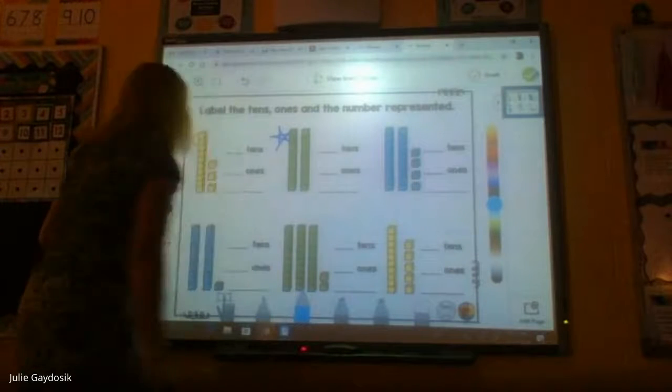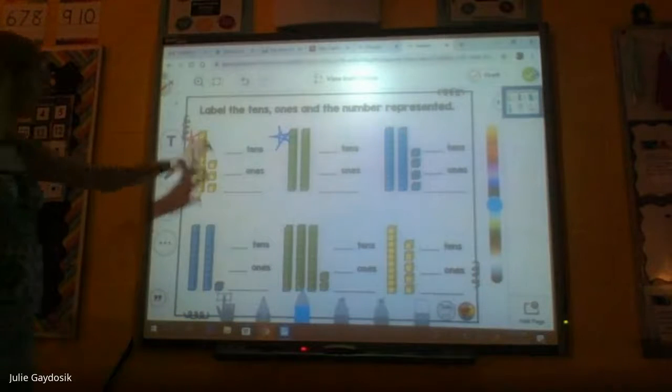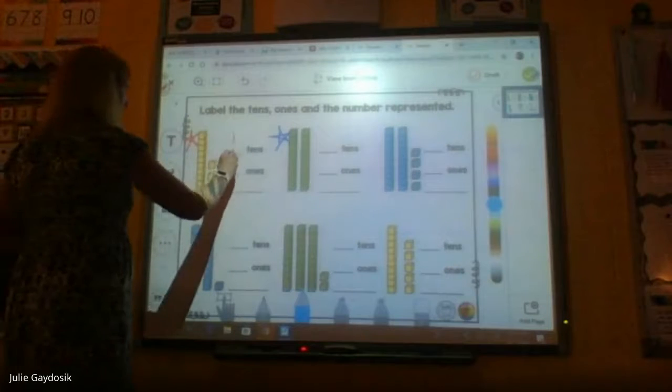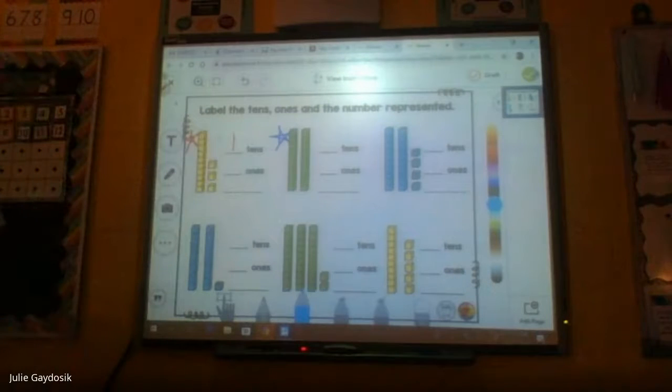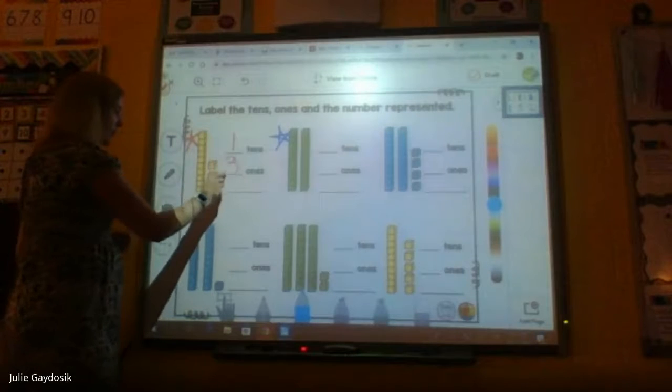So how many 10s are in this first group of base 10 blocks? 1, that's right. So I'm going to write a 1 here. How many 1s are there? 1, 2, 3. 3 1s.